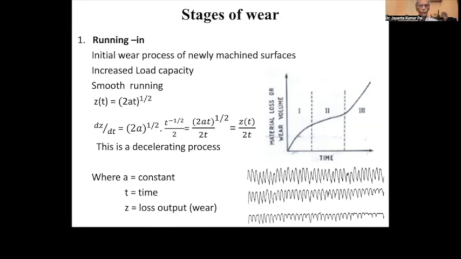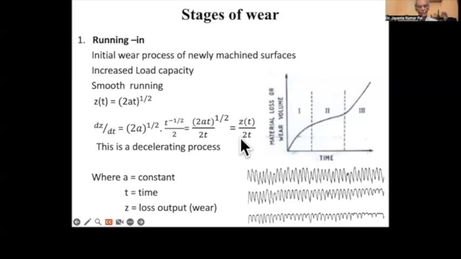So if you want to look at it a little mathematically, we assume the wear as a function z of time. Very conveniently, we write it as z = 2at to the power half, a being a constant. Now, if we differentiate the wear function, dz by dt, with time, we'll get a by t to the power half.